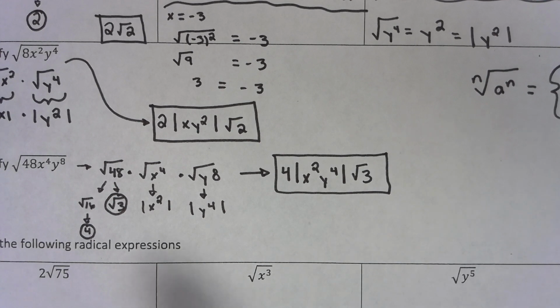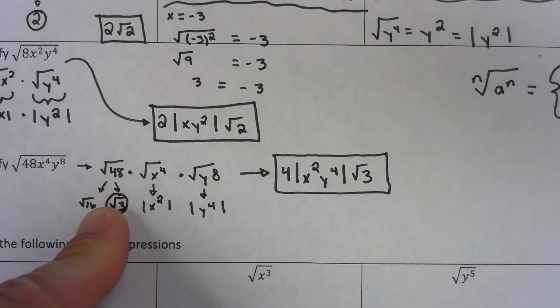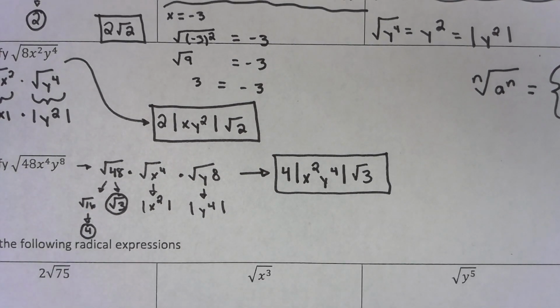So I always look for the largest perfect square, which for 48 is 16. So I factor root 48 to be root 16 times root 3. Square root of 16 is 4. Root 3, there aren't any other perfect squares that divide it. So root 48 simplifies to be 4 times the square root of 3.